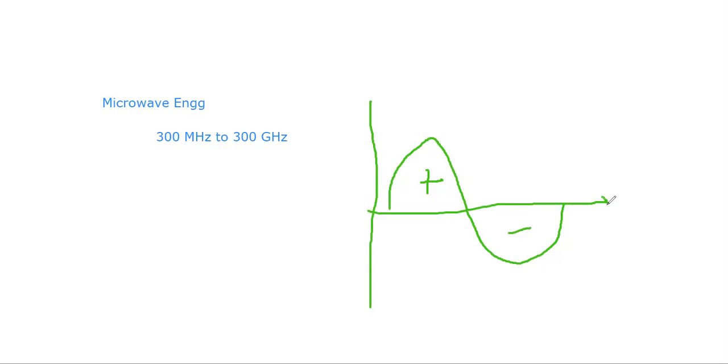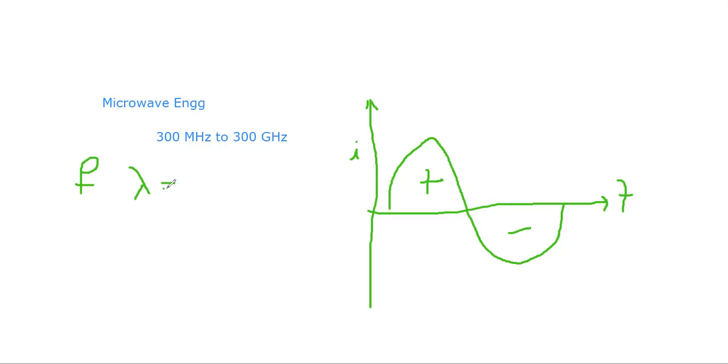This is your time scale T, and this is your current, the I. Now what happened in this signal, that positive waveform and negative waveform. So here two parameters are important that we are going to discuss. One is the frequency and another is lambda, the wavelength.